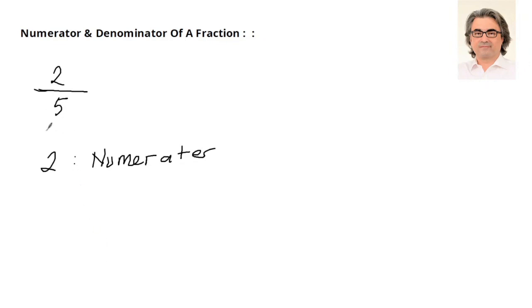So 5 is at the bottom, so 5 is the denominator of this fraction. Denominator. Numerator. I think you understand. When you see a fraction, you may tell what the numerator is, what the denominator is.